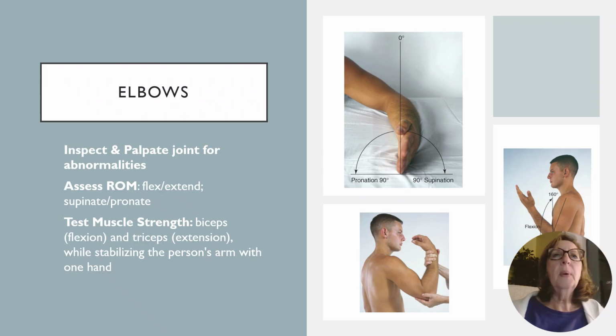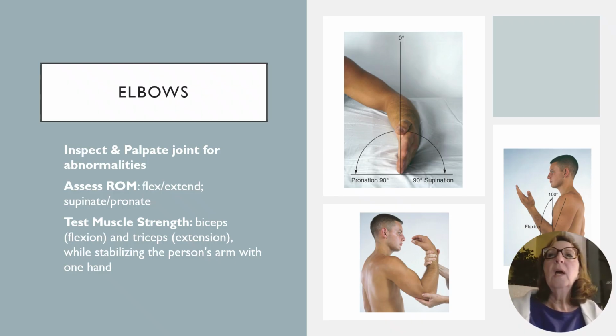When we're inspecting and palpating the elbow joints, we're going to be doing this for abnormalities. You're checking range of motion, so you're checking flexion and extension of the elbows. You're also looking for supinating or pronating the hand. When you look at these pictures, you can see the flexion and extension.